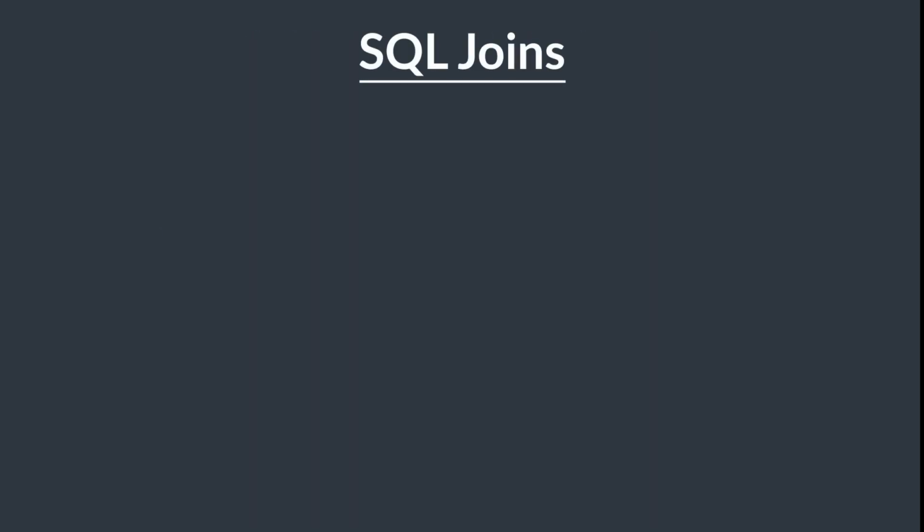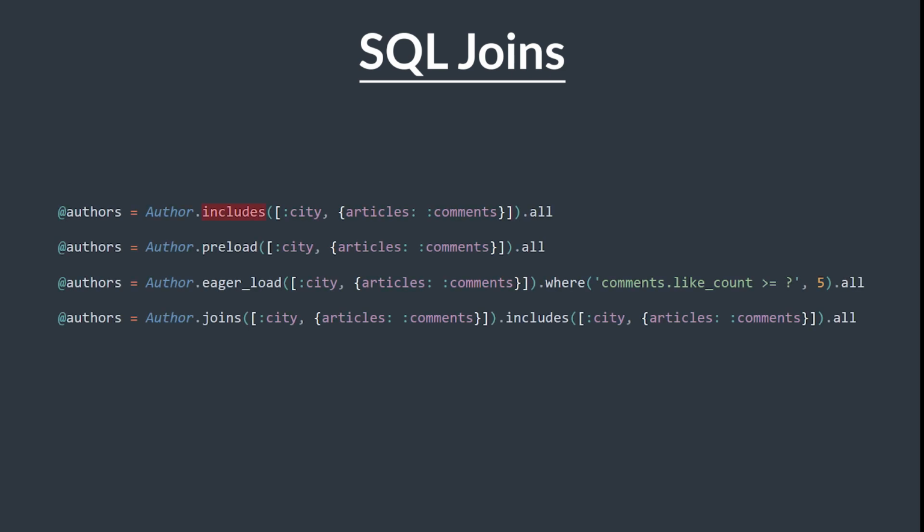If you're familiar with SQL, you may be wondering if there's a way to use joins to pull in multiple tables in one query instead of multiple simple queries. There is, though often the simpler queries will be faster. In most cases, calling includes is equivalent to calling the preload method. Preload behaves, as I've already described, to fetch and cache records, but under some circumstances, includes will instead call the eager load method.